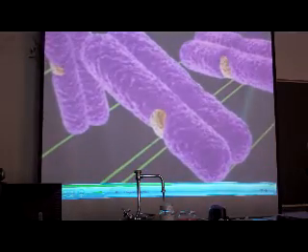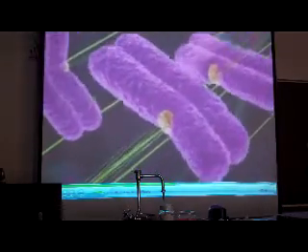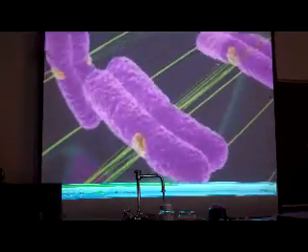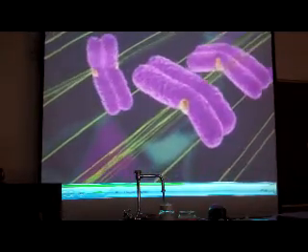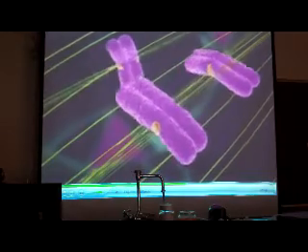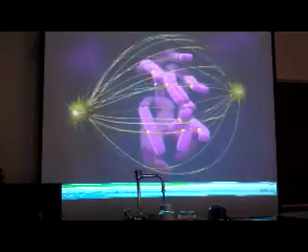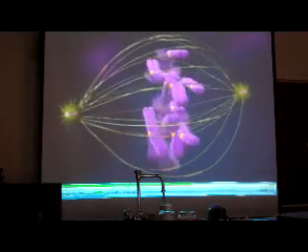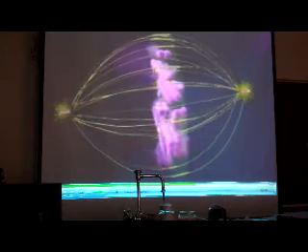Spindle fibers from each pole attach to protein structures located at the centromere of each sister chromatid. As the chromosomes are bound by spindle fibers from opposite poles, they move first one way and then another. The counteracting forces of the spindle eventually cause all the chromosomes to end up at the center of the cell, as if arranged on an imaginary plate.